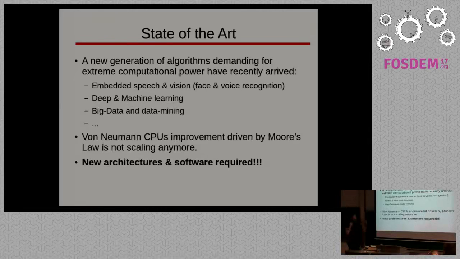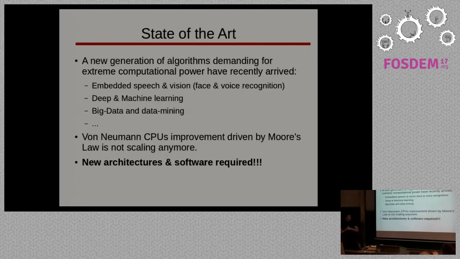For example, we have embedded speech, embedded vision, deep and machine learning, big data, data mining. These algorithms are not very complex in design, but they require a lot of computational power, a lot of math operations and extreme parallelism with the data.